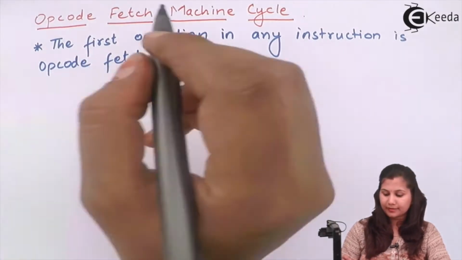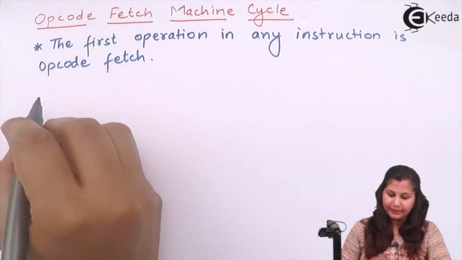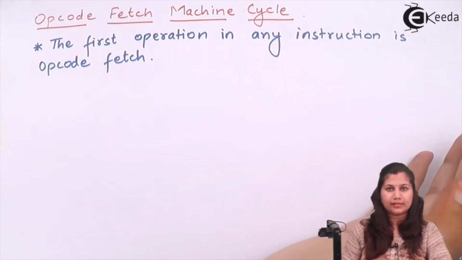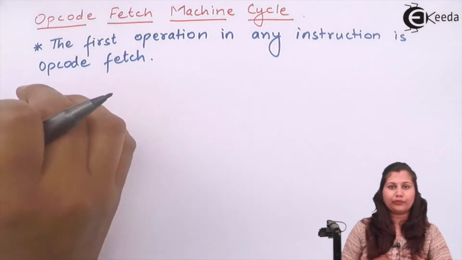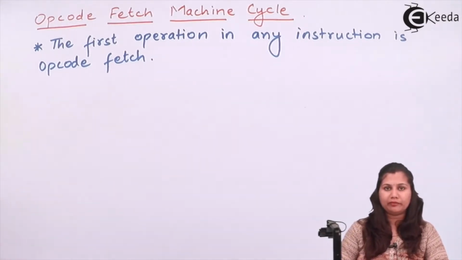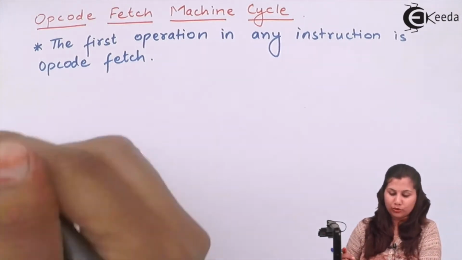The microprocessor fetches the opcode from the memory where it is stored, and then it is going to decode and then execute it.